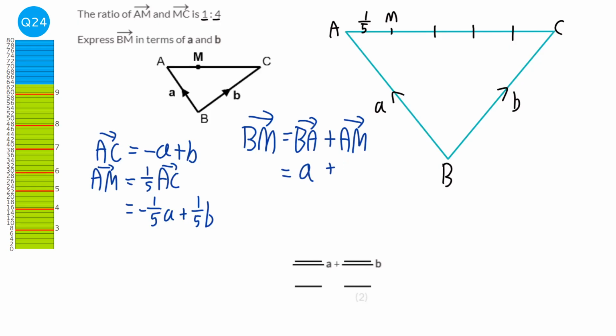And it's going to be minus 1/5 A plus 1/5 B. And so A minus 1/5 A is going to be 4/5 A. And then we've got the 1/5 B. So it's going to be 4/5 A plus 1/5 B.